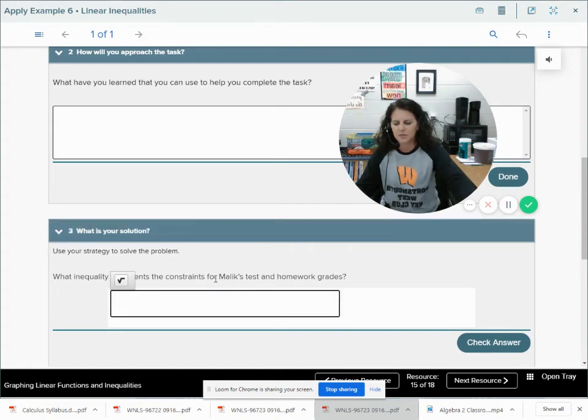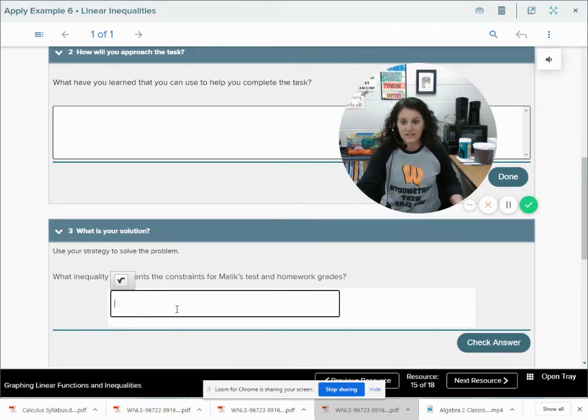So let's think about this. What did the problem say? It said that the sum of 70% of a student's test grade average and 30% of the homework average, he wants a semester grade of 90% or better. So we know that he has to have 70%. How do we represent 70%?